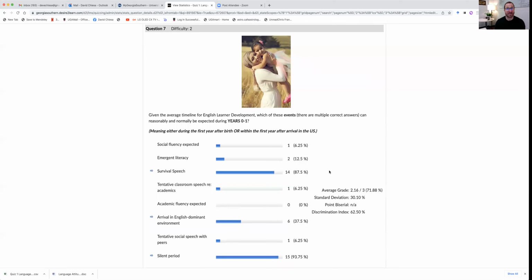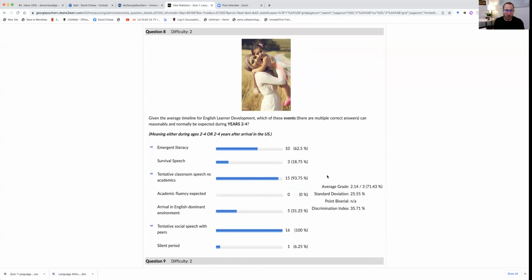So between ages 0 to 1, survival speech, arrival in English dominant environment, and also silent period. Please keep in mind though, the silent period is a Krashen theme, right? Silent period is not necessarily empirically proven at the moment. However, it is important. Okay, so it's one of those things about common sense.